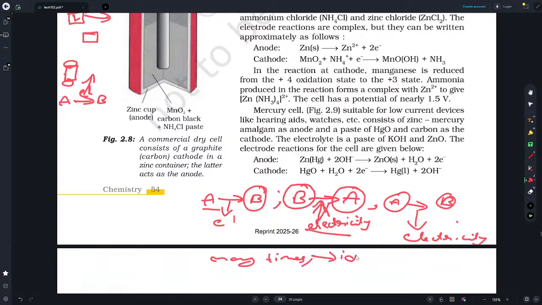In the primary type of cell, where there is no recharge, a chemical converts to B chemical, electricity is produced, and we throw the cell away. There is no use for this cell. There is no reversible reaction here. The chemical is already converted and it is over.